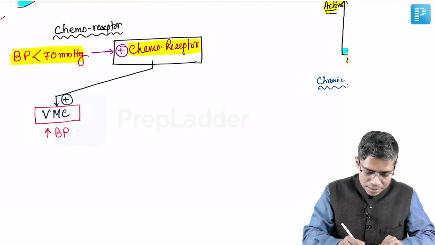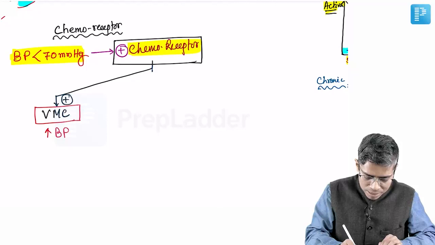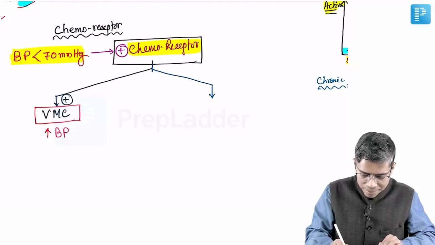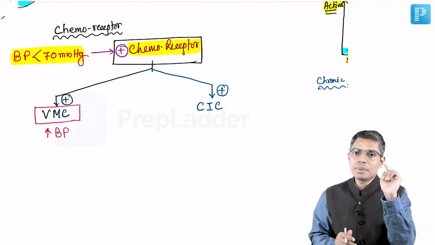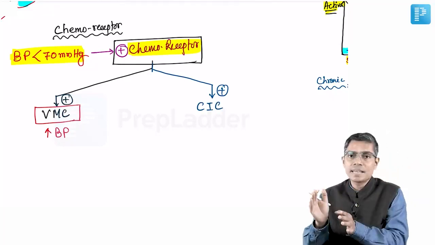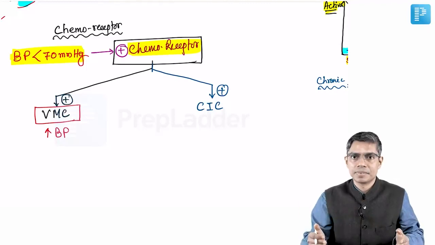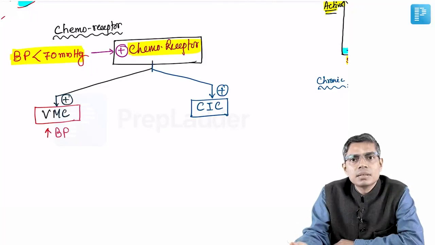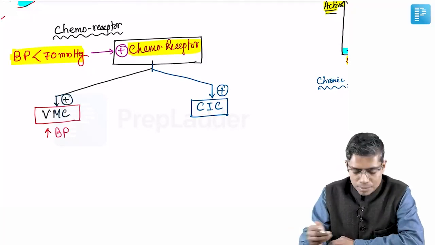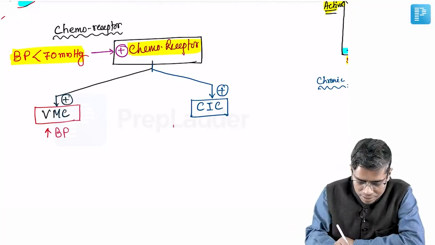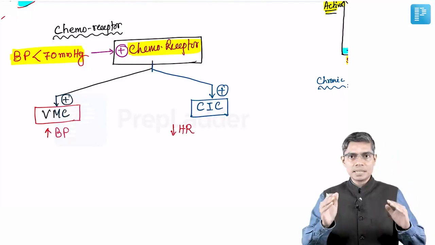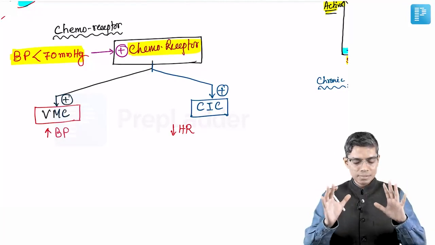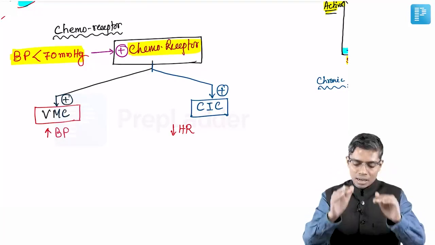Now what is the effect of chemoreceptor stimulation on CIC? It will also stimulate CIC. We have seen if the baroreceptor is active, VMC will be inhibited and CIC will be stimulated, but here both are stimulated, right? If the CIC is stimulated, the parasympathetic is stimulated. What is the main effect of parasympathetic stimulation? Decrease in heart rate. So chemoreceptor stimulation means blood pressure will be higher but heart rate will be lower.